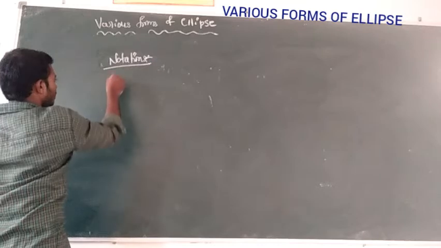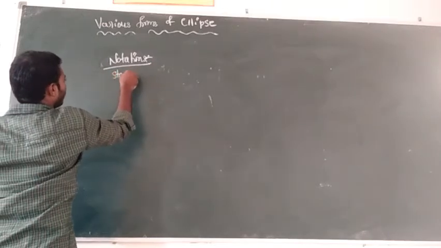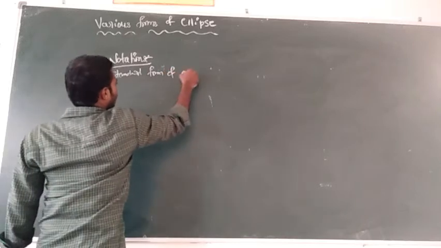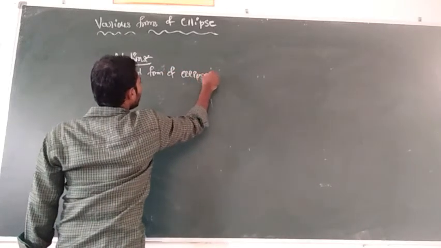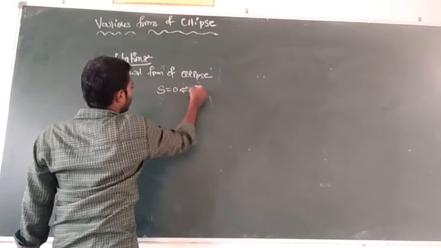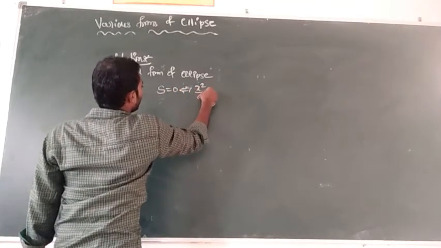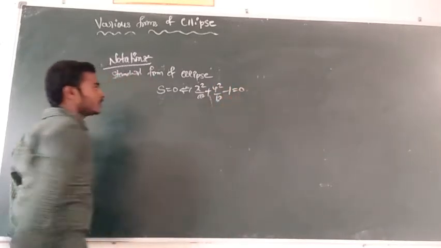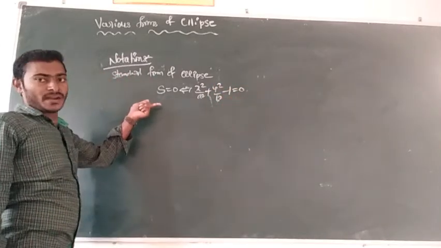What are the notations in the standard form of ellipse? The standard form of ellipse can be denoted by S equal to 0. This means x square by a square plus y square by b square minus 1 equal to 0. S is the standard form.